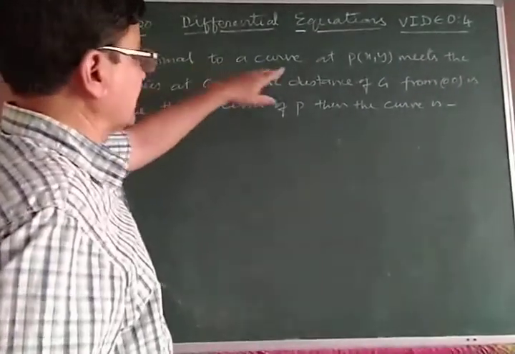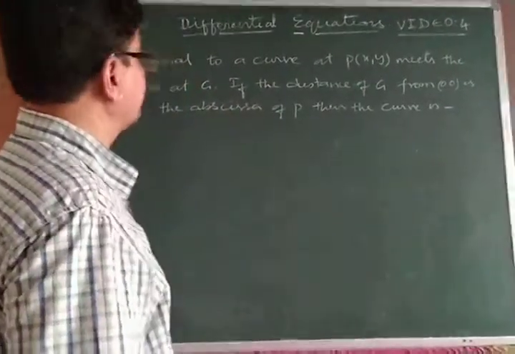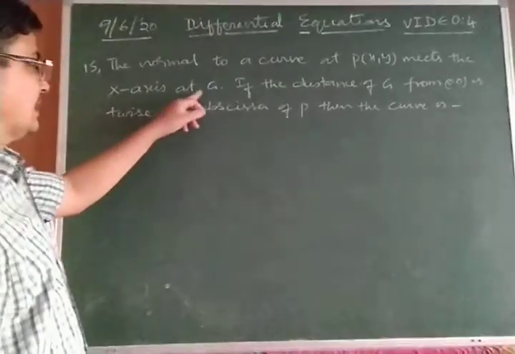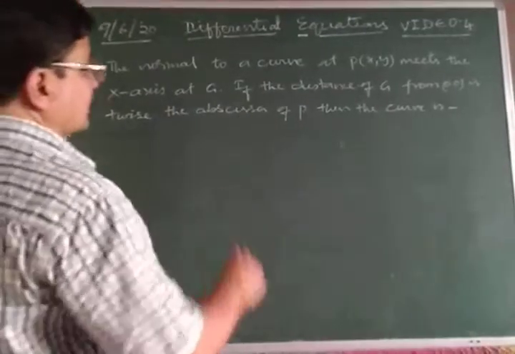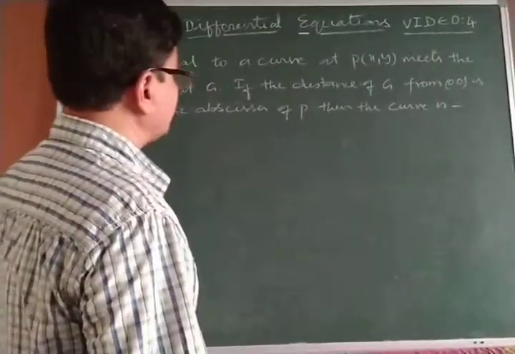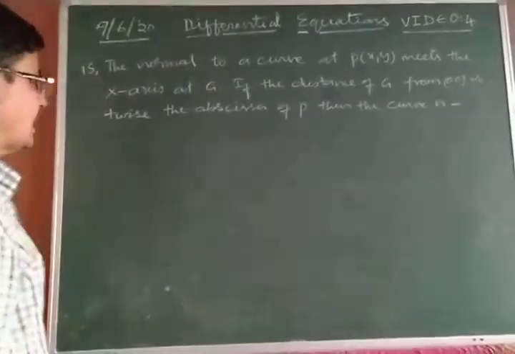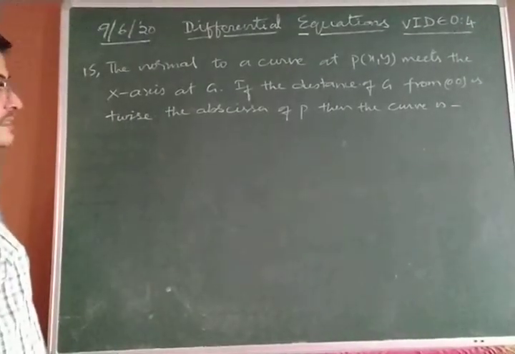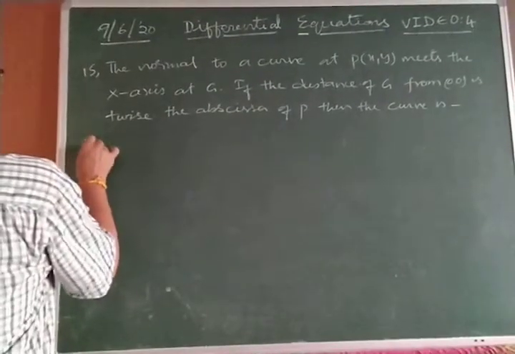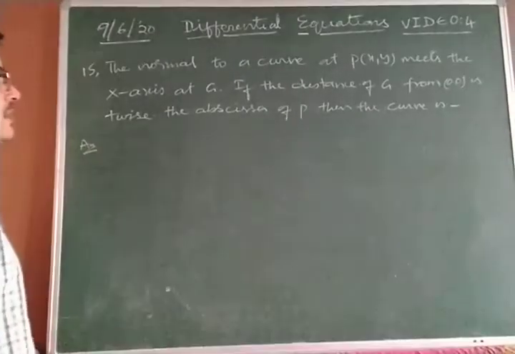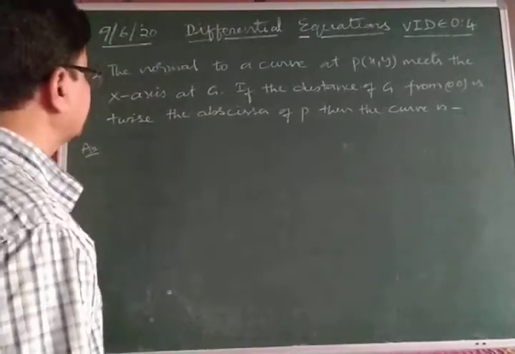The normal to the curve at P(x, y) meets the x-axis at G. If the distance of G from the origin is twice the abscissa of P, then the curve is... The answer: the normal to the curve at (x, y).